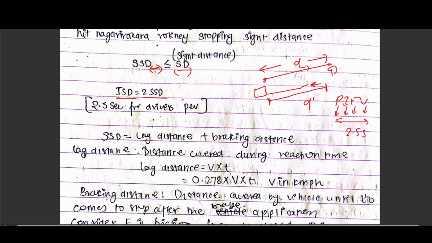Okay. So SSD analysis is done by lag distance and braking distance. What is lag distance? Lag distance is the distance covered by me in this 2.5 seconds. That is the distance covered while I perceive the object, while I identify the object, while I think about the appropriate decision, and while I switch my leg from accelerator to brake.